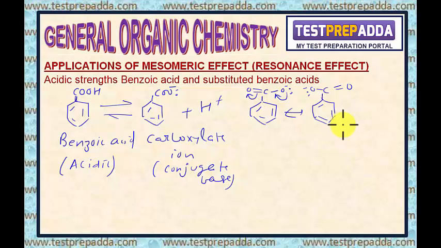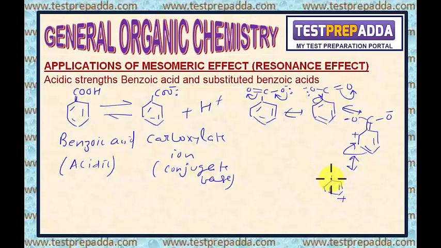That is why here also you can write the resonating structure. So the shifting will be like this, and that is why the resonating structure will be written like this. The positive will be generated at this carbon. Now another resonating structure will be written like this. Plus will come here, double bond here, one double is already here.